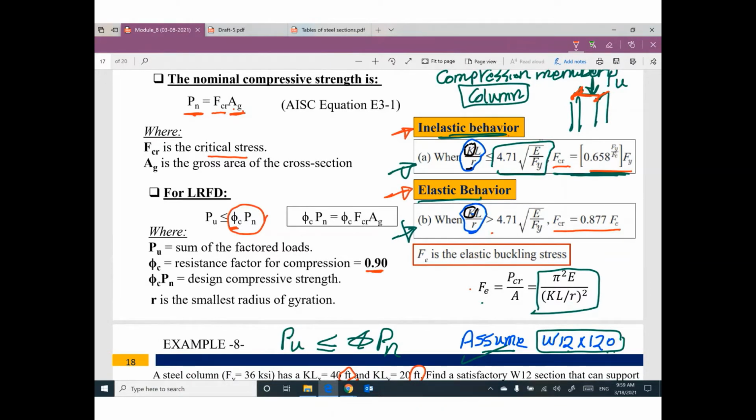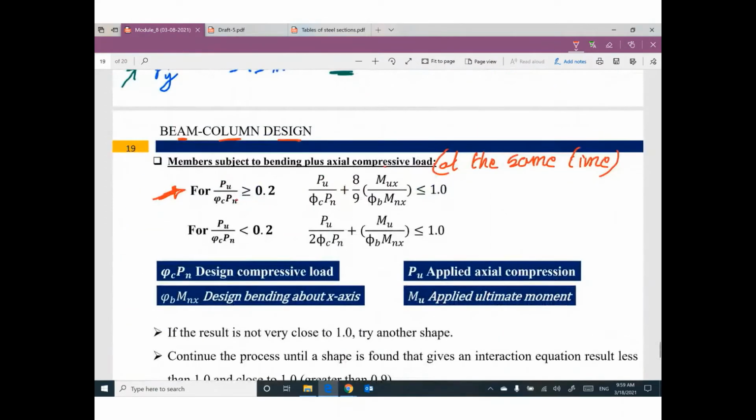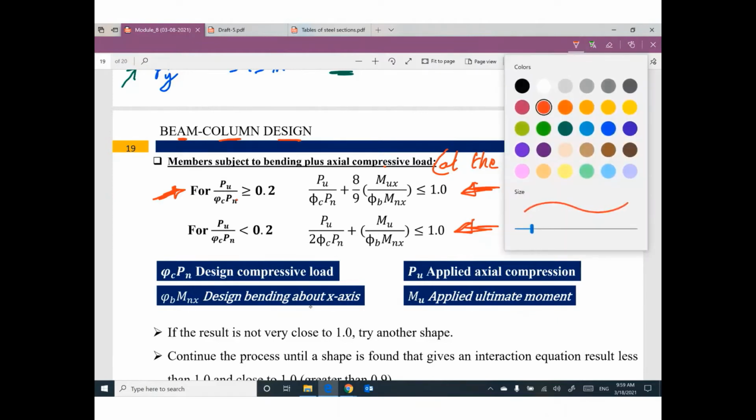So we need to figure out the compressive design strength first and check if P ultimate divided by phi Pn is greater than or equal to 0.2. I'm going to use this interaction equation. If this does not happen and P ultimate divided by phi Pn is smaller than 0.2, I'm going to use this other interaction equation.